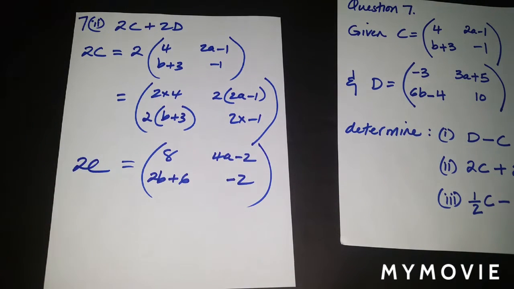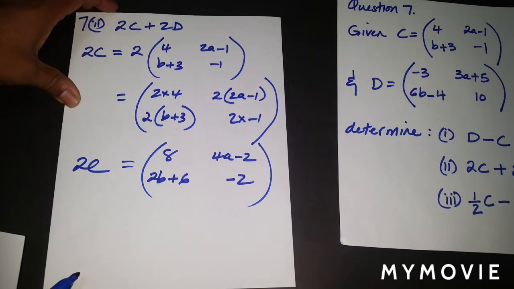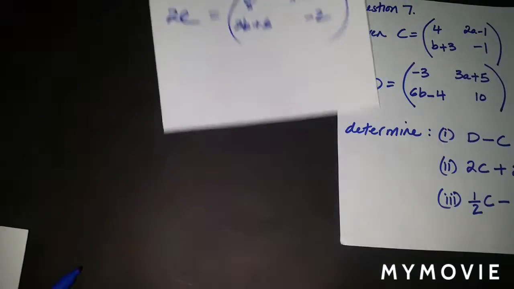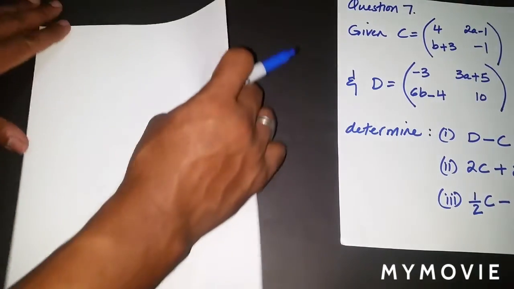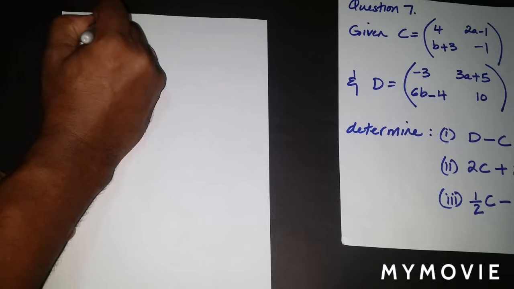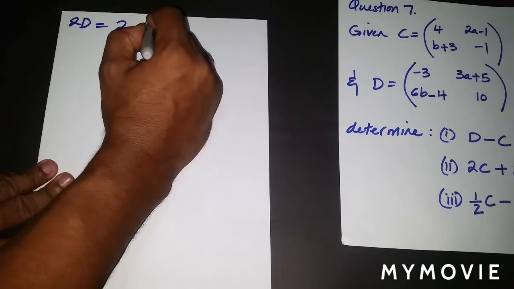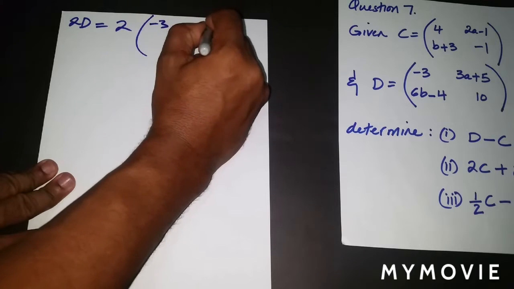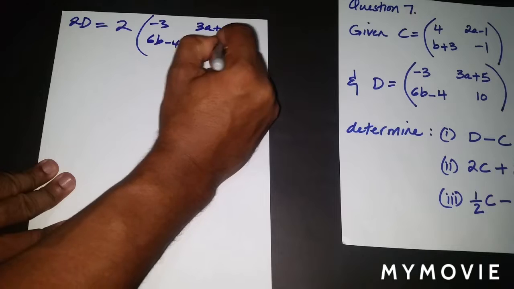So we have 2C. Let me just hold that for a second. Alright, let's find 2D now. 2D means we're multiplying matrix D by 2, and matrix D is minus 3, 3a plus 5, 6b minus 4, and 10.